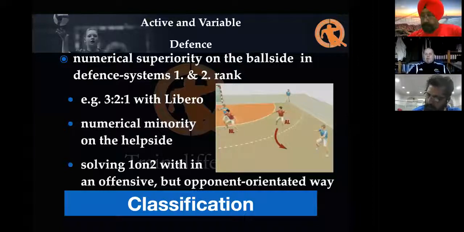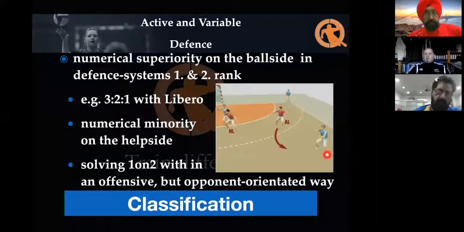But this can only be achieved if the defense accepts numerical minority on the help side of the defense. As we can see in the picture, if the ball is with the left back position, the wing defender on that side must step out to give pressure to two players.